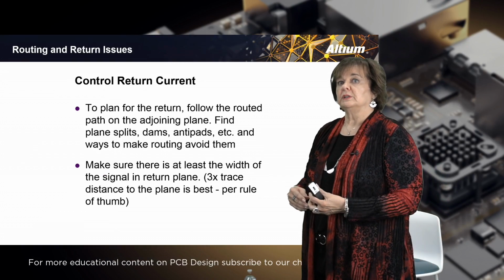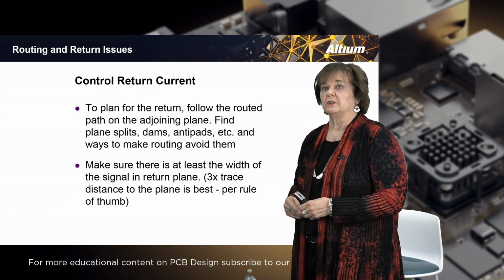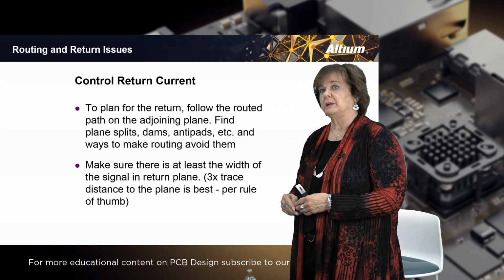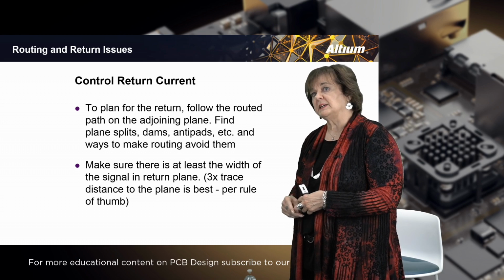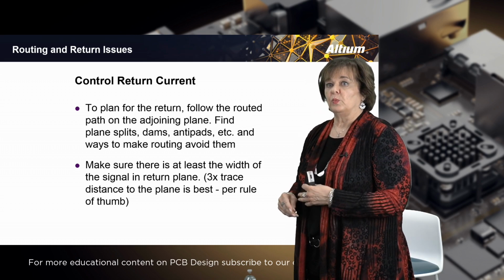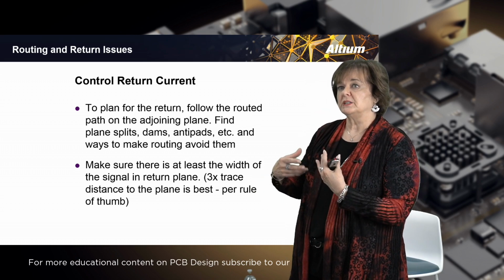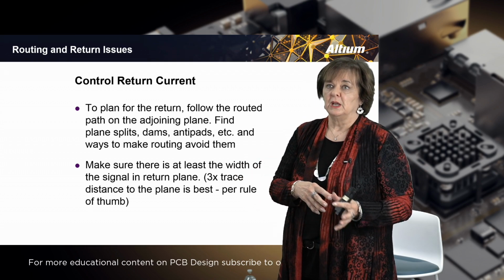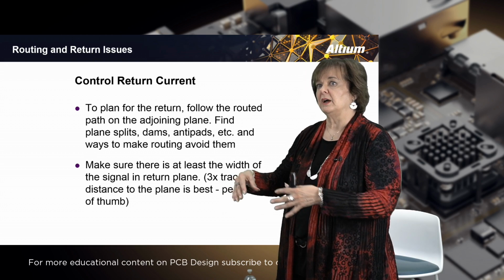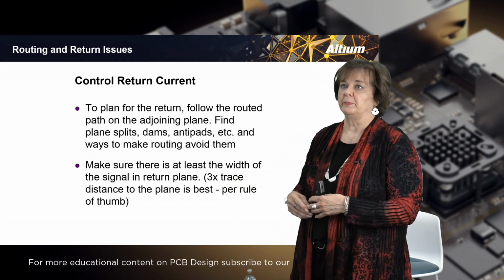Controlling the return current. To plan for the return, follow the routed path on the adjoining plane. Find any kind of splits or dams or antipads, etc., and find ways to make the changes. So you want to design the return at the same time you design the signal. You want to think about how you're routing it and where the signal is going to get back.